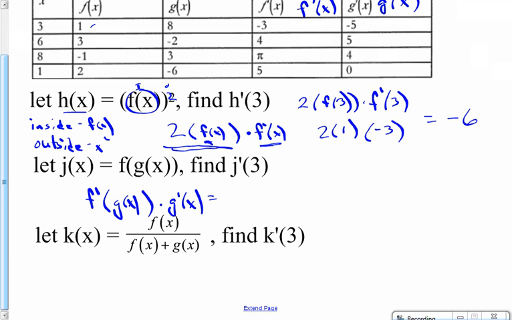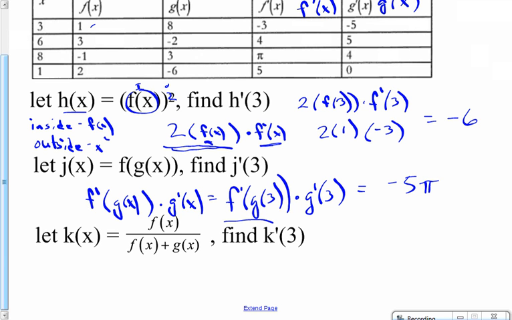This is going to be f prime of g of 3 times g prime of 3. You've got to do a composition there. I'll kind of leave the work to the reader, but this ends up being negative 5 pi. Can you find it, or do you need more help finding the negative 5 in the pi? Okay.